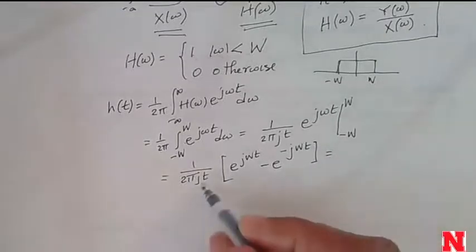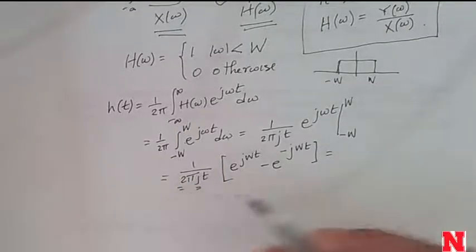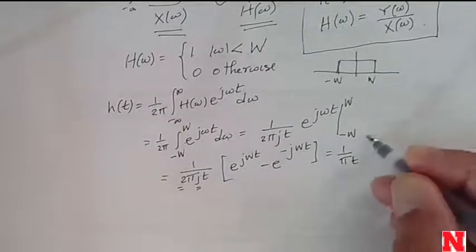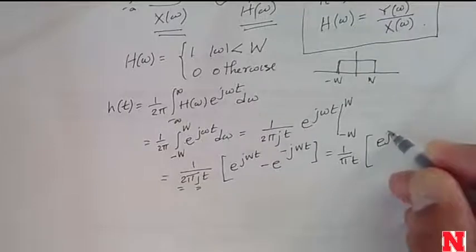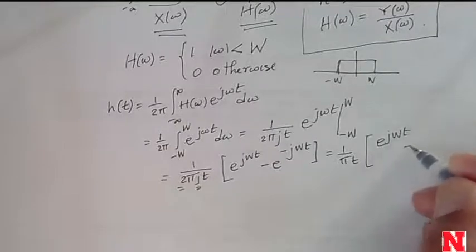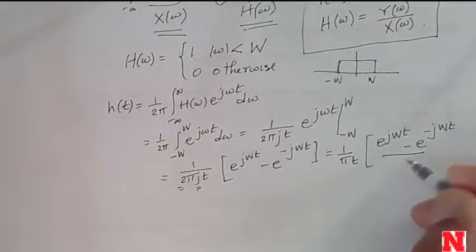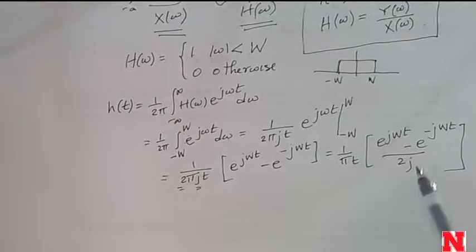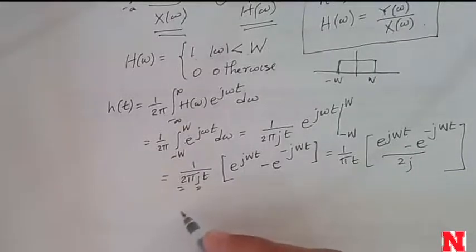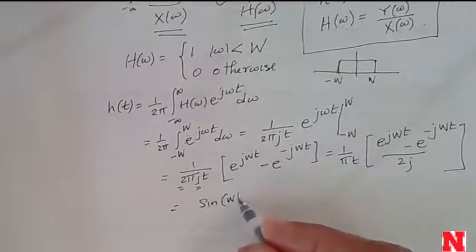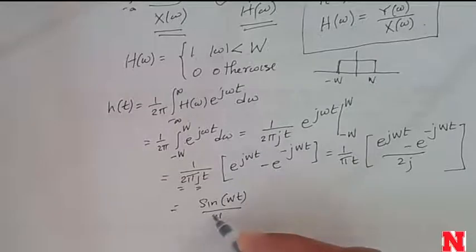Or I can take this 2j inside. So this is 1 over pi t, e to the j Wt minus e to the minus j Wt, over 2j. And this we know because of Euler that this is just sine of Wt. So we have sine of Wt over pi t.